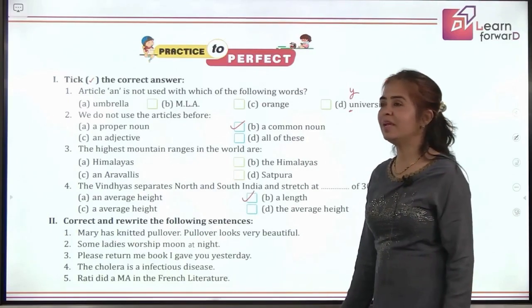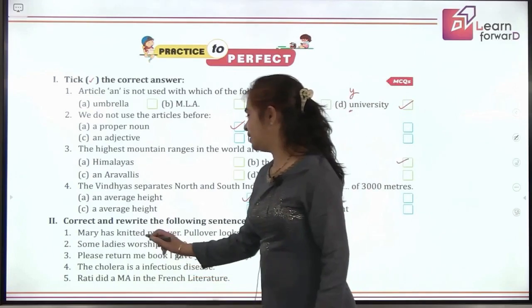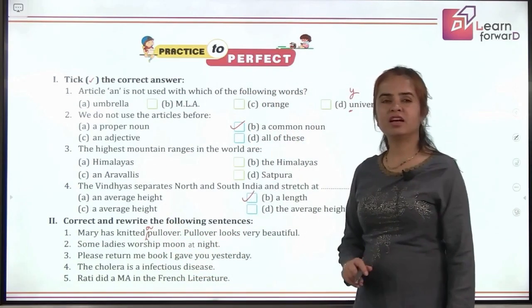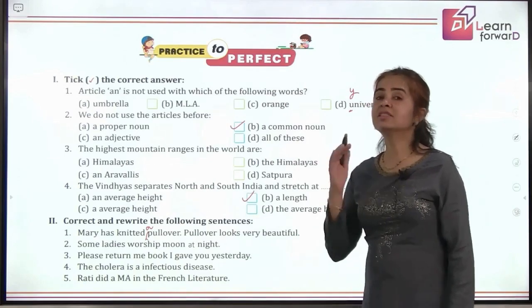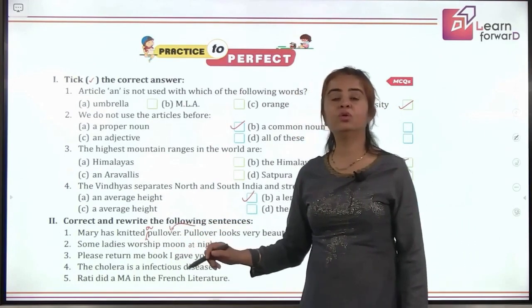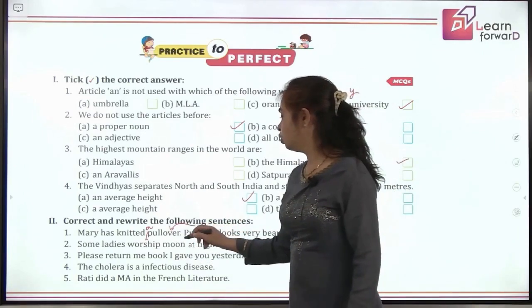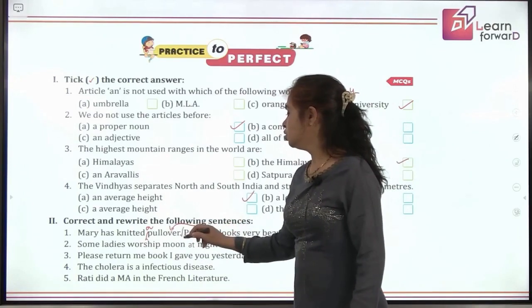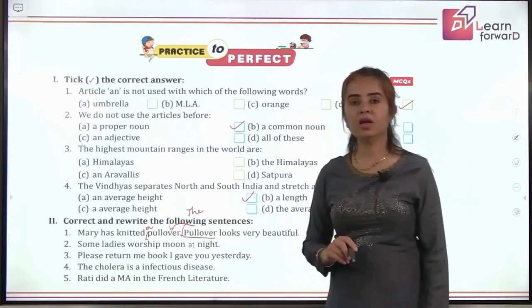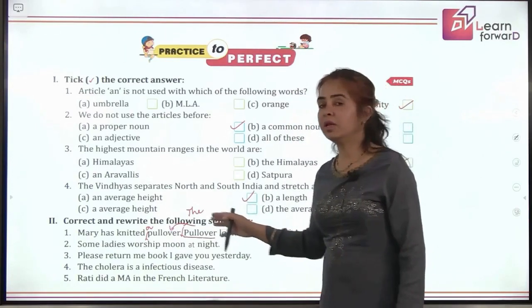What will it be? Yes, Mary has knitted a pullover. Pullover looks very beautiful. Is that fine? Now here it's repetition. We are talking about the same pullover we have already referred to. So here now pullover becomes particular. So you will be using here: the pullover looks very beautiful. Okay, got it? It becomes particular here, not here.